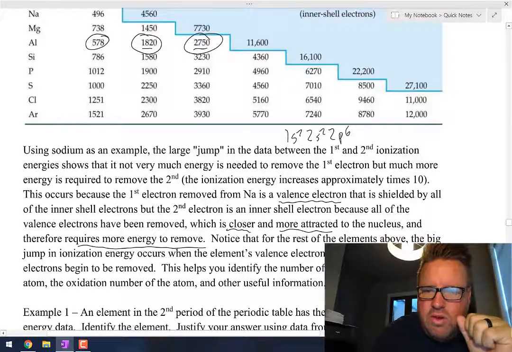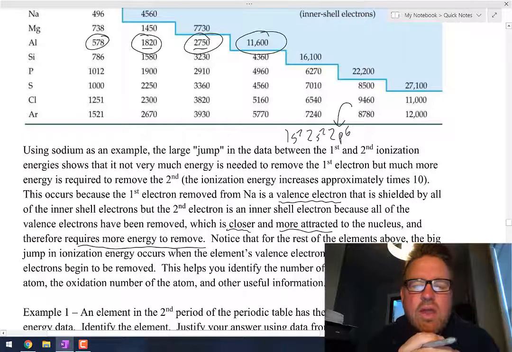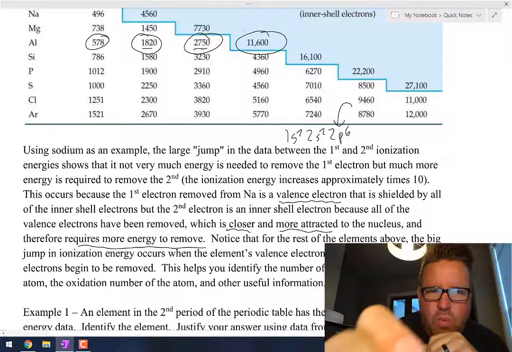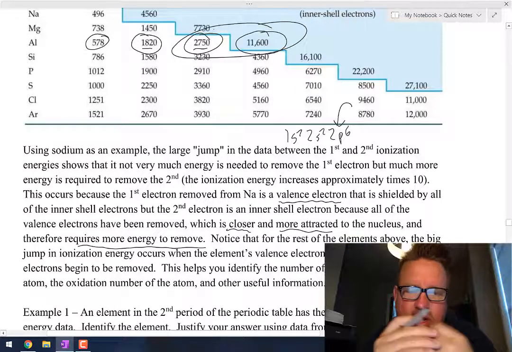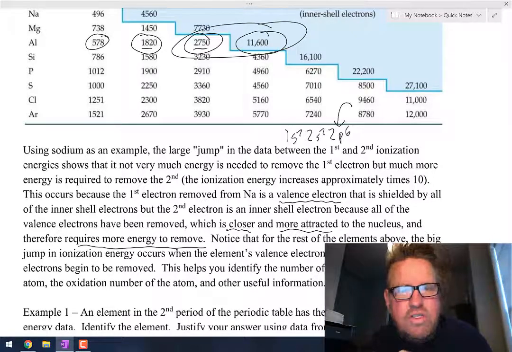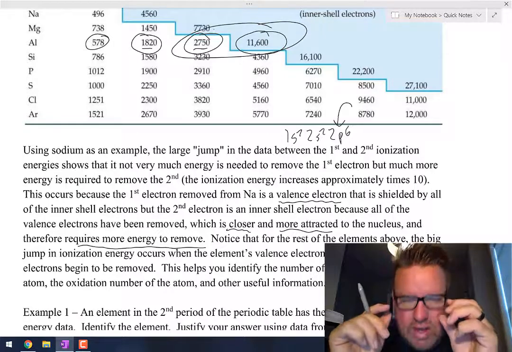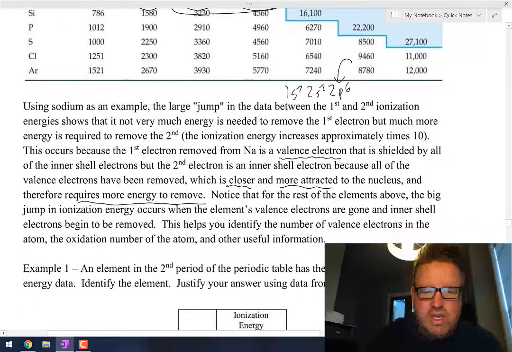Those are gone, so now you're into the second shell. And again, that's why you see that great big jump. What this does is help us to identify elements. When you see this big jump in ionization energy, you can tell that's where it switches from valence electrons to those inner shell, core electrons. And so we can identify elements based on this ionization energy data.